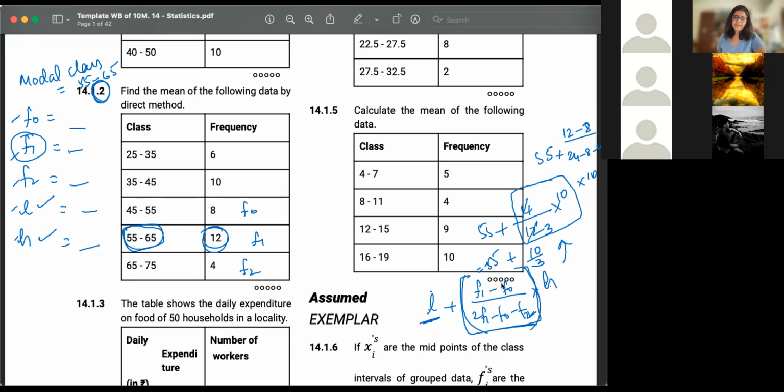H is multiplied only with the second part. See, I explained the logic also. Mode is between 55 to 65, right? So you're adding 55 plus something. So don't disturb this 55. Whatever calculation is there is only for H multiplied by only this. Okay, ma'am.